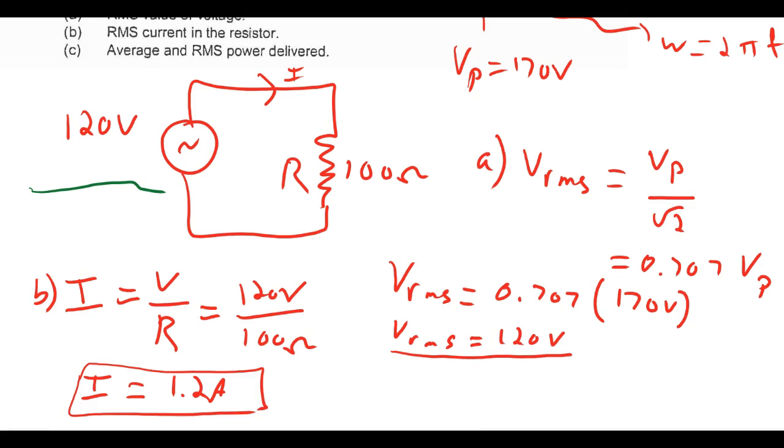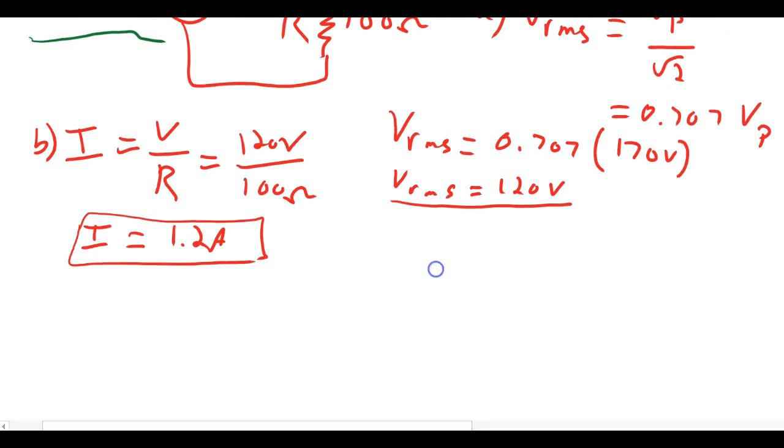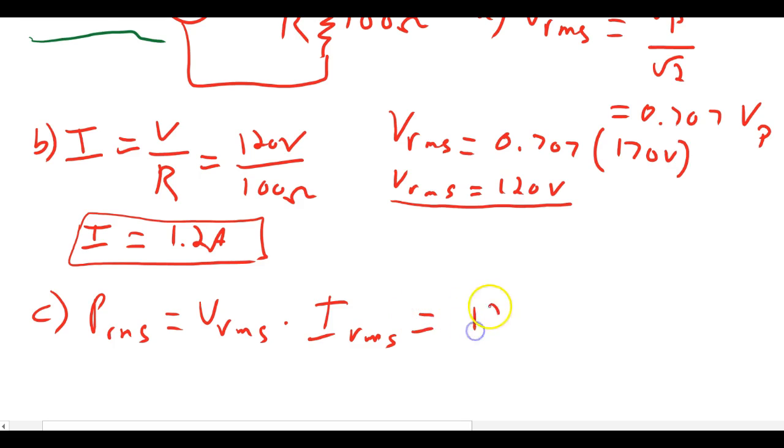Part C, average and RMS power delivered. And so the RMS power would be V RMS multiplied by I RMS, and we have 120 volts multiplied by 1.2 amps.